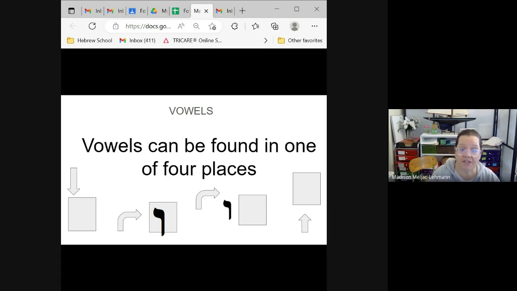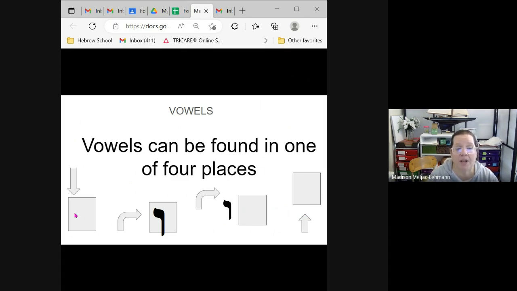So, for instance, if this box represents a letter, say a mem would be in this box, okay? You would look underneath the box and there could be a vowel there, okay?